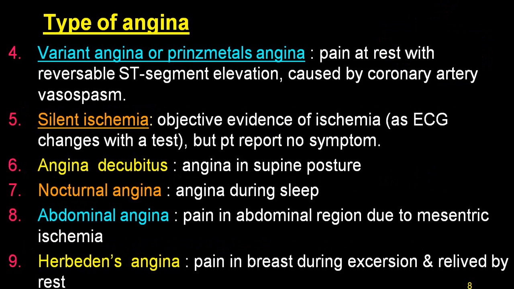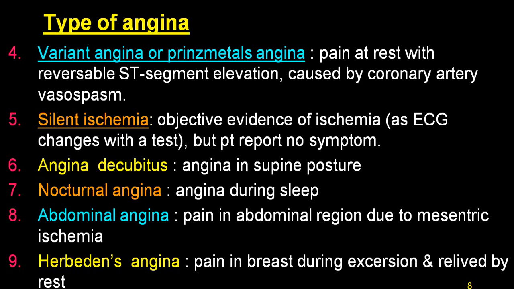Variant angina is secondary due to vasospasm of the coronary artery, where you don't have elevation of biomarkers, but there will be ST segment elevation which will be reversible as soon as the coronary artery spasm is relieved. And this angina can come at rest also. There is one variety called silent ischemia, where the person does not get the pain, but there is clinical evidence of ischemia by ECG or by treadmill testing.